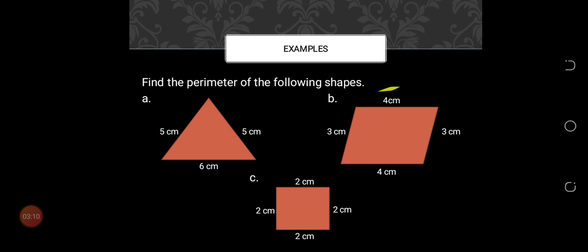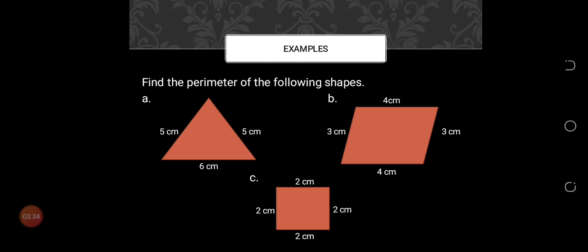The rhombus has 4 centimeters up, 4 centimeters down, 3 centimeters to the right, and 3 centimeters to the left. We all know a square is a shape which has its sides equal. So you have 2 centimeters here, 2 centimeters here, 2 centimeters here, and 2 centimeters here.